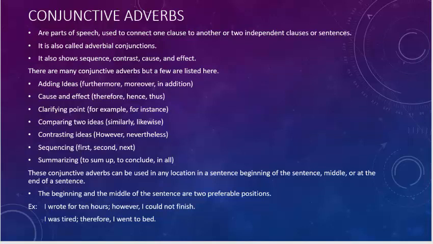It means most of the time people use them at the beginning and in the middle of the sentence. For example, I wrote for 10 hours, however I could not finish. This is in the middle of the sentence. Or I was tired, therefore I went to bed. This is in the middle of the sentence. We can use it in any position in a sentence.